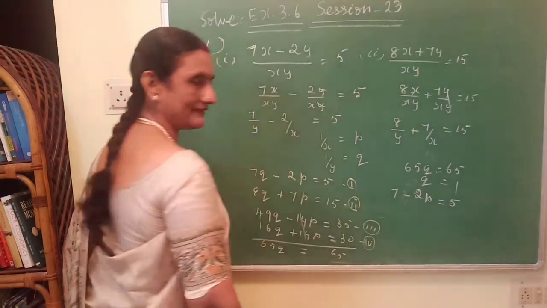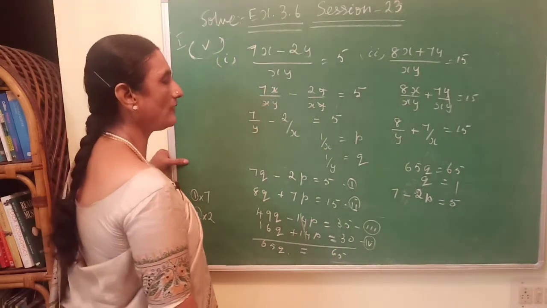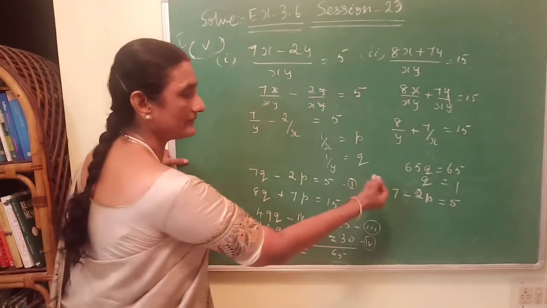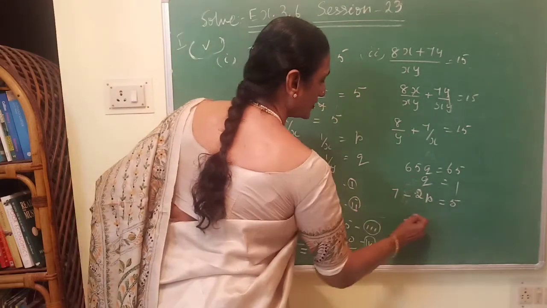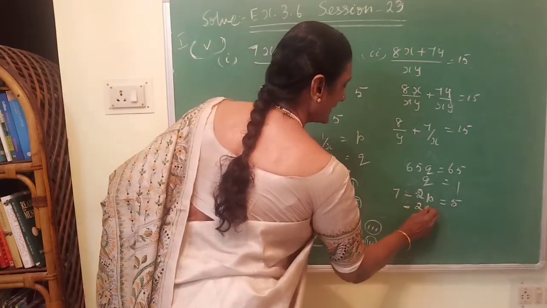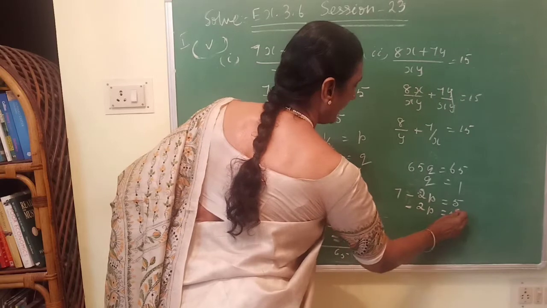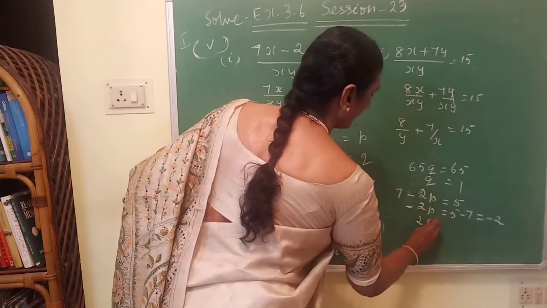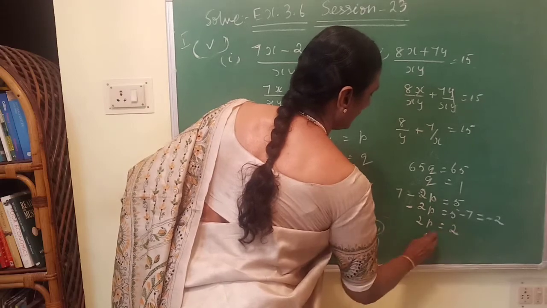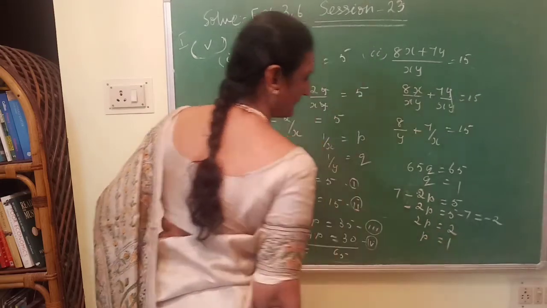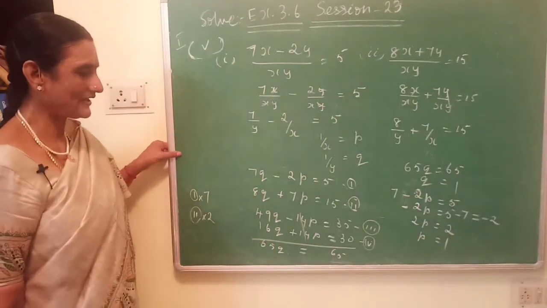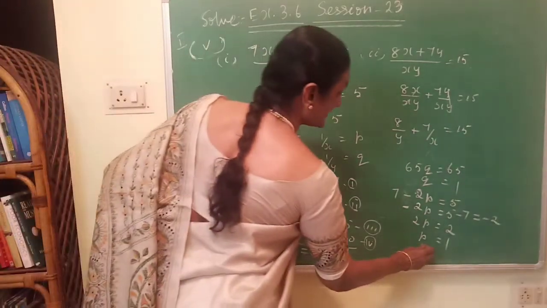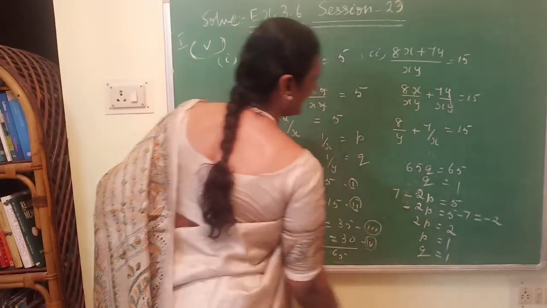Now I want the value of 2p, so 7 goes to the other side. Minus 2p is equal to 5 minus 7, which is minus 2. Therefore 2p is equal to 2, so p is equal to 1. Have you got it? p is equal to 1 and q is also equal to 1.